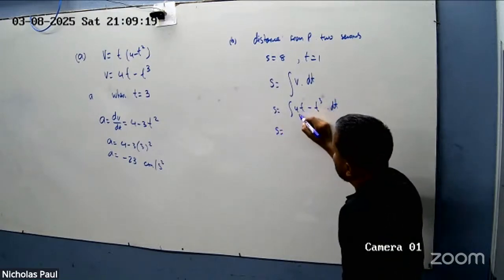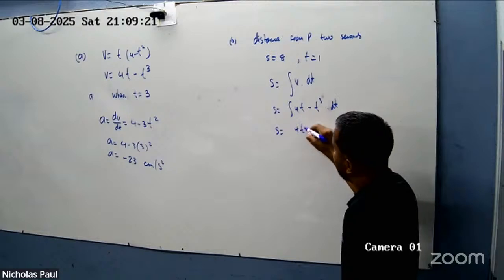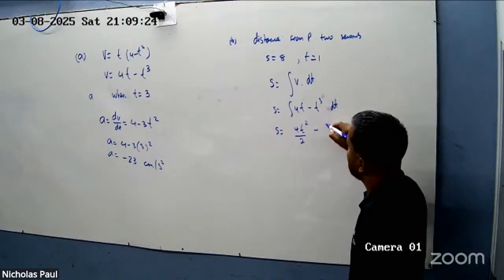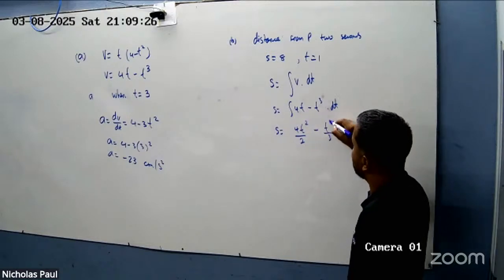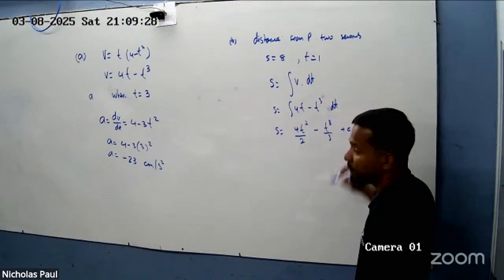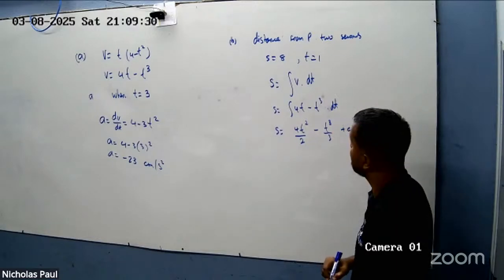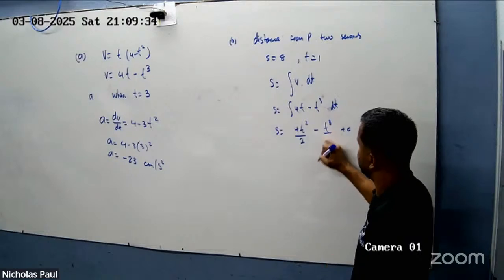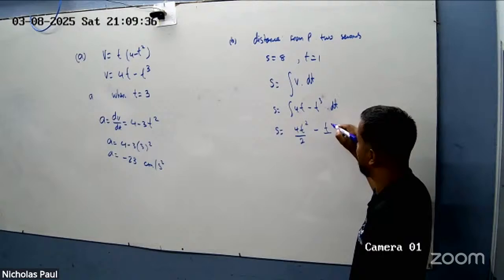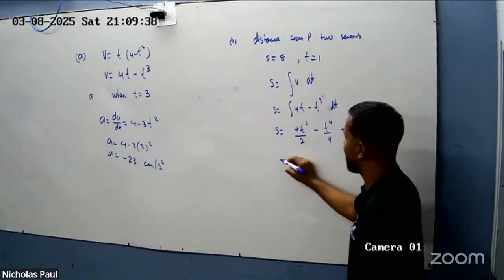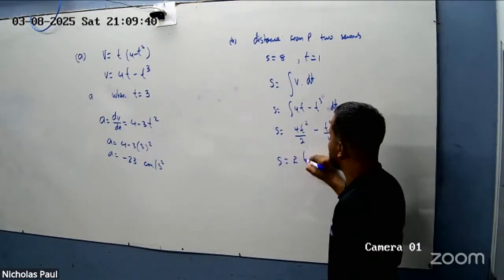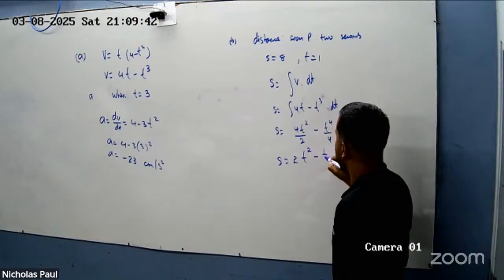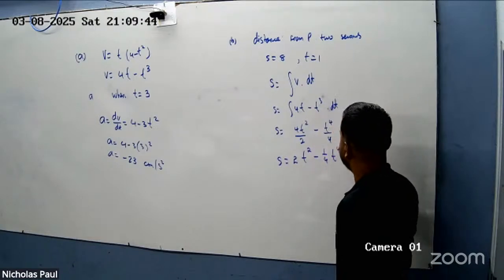When we integrate 4t, we'll get 4t squared on 2, minus t to the 4th on 4, plus c. So S is equal to 2t squared minus 1/4 t to the 4th plus c.